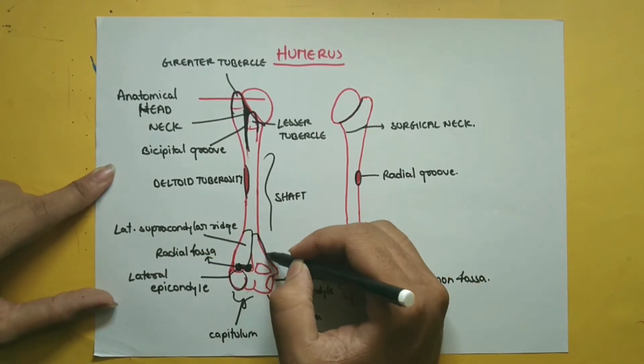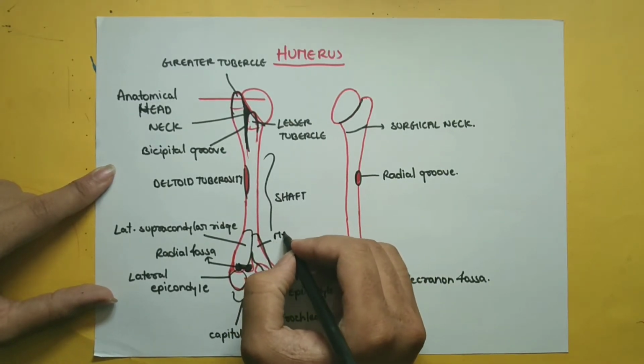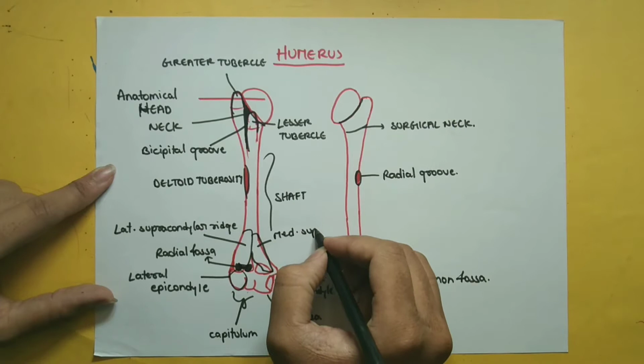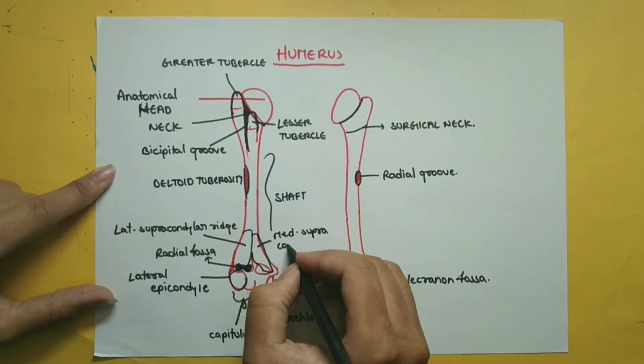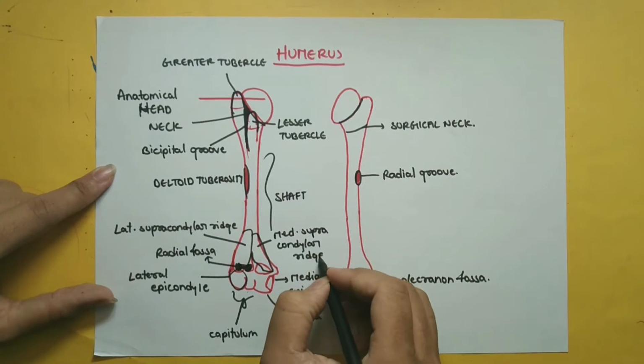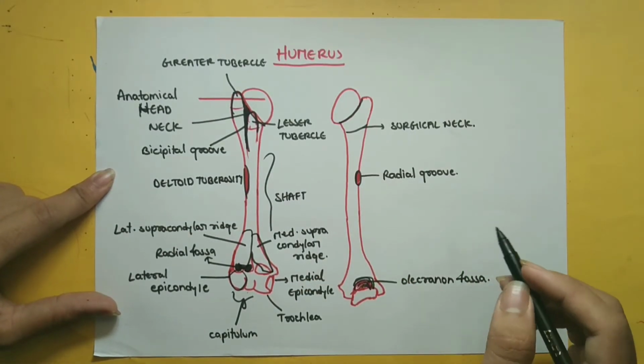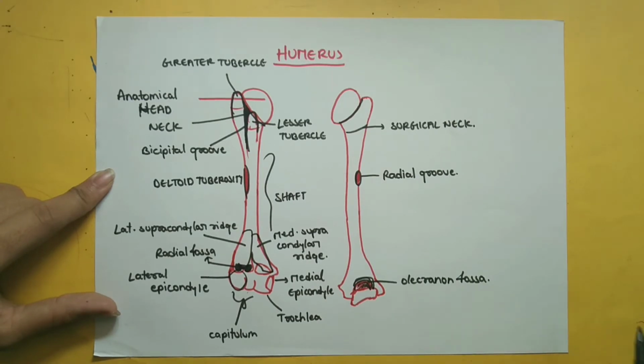As this is the medial epicondyle, this is the medial supracondylar ridge. Okay guys, this is all about the diagram and the parts of the humerus. Let's continue to important topics of humerus.